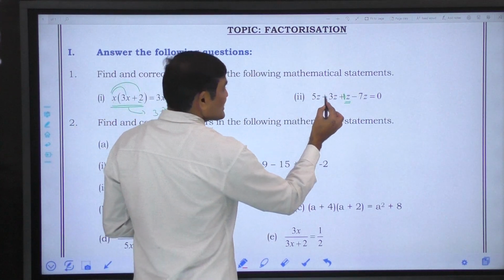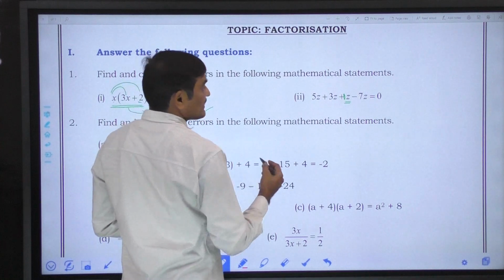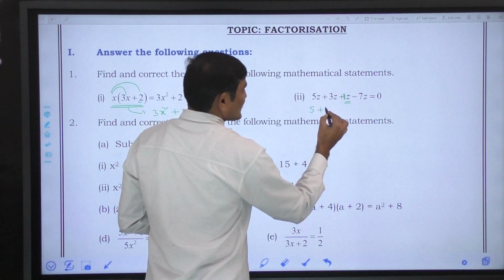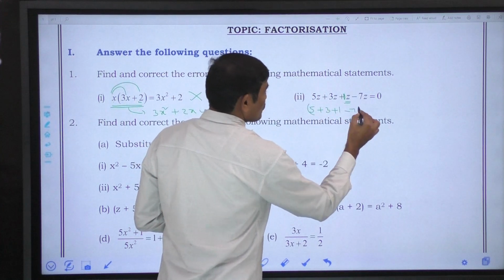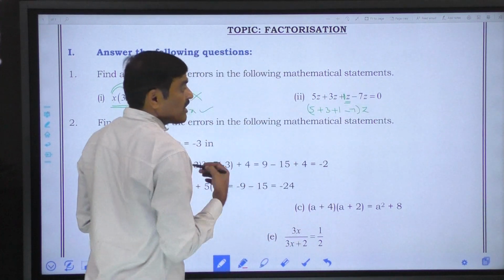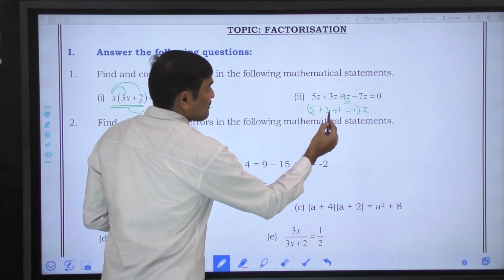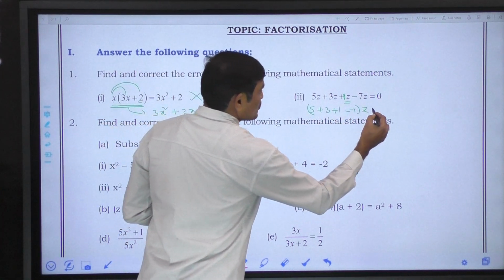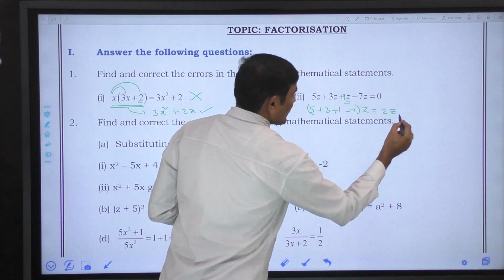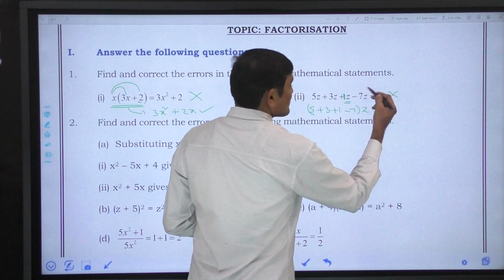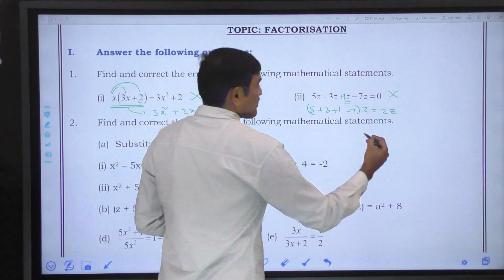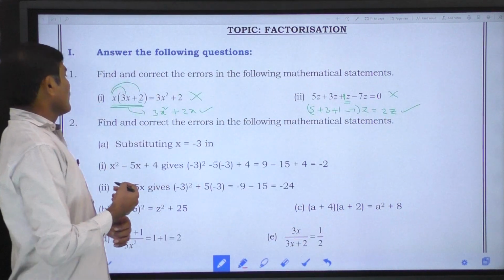So when you take z common, you get 5 plus 3 plus 1 minus 7, into z. Now 5 plus 3 is 8, 8 plus 1 is 9, 9 minus 7 is 2. So we get 2z only, but it is given as 0. So this is a wrong statement, and the correct answer is 2z.